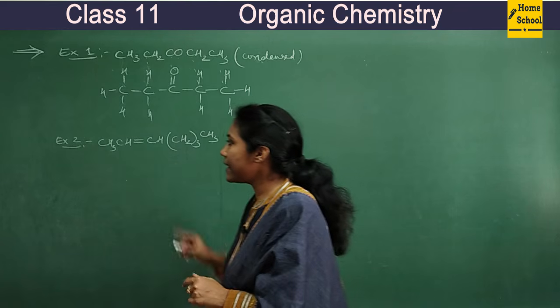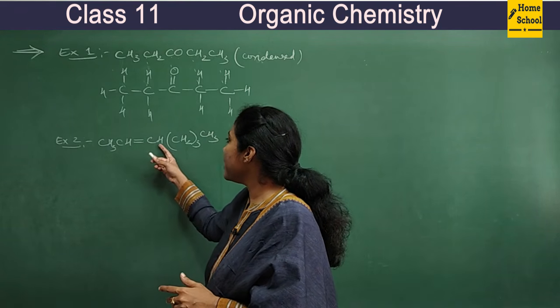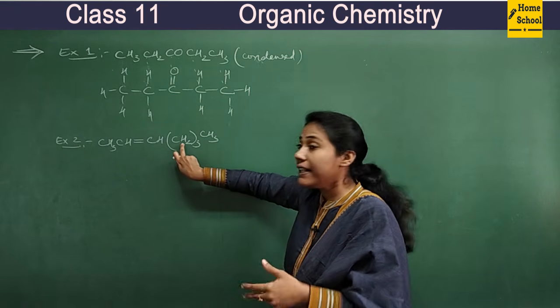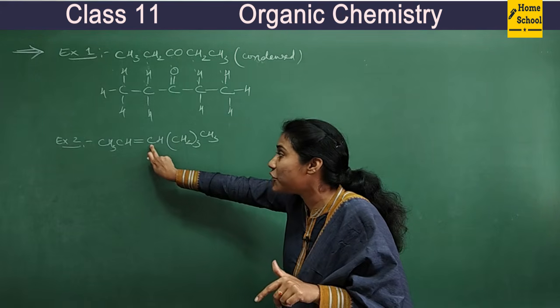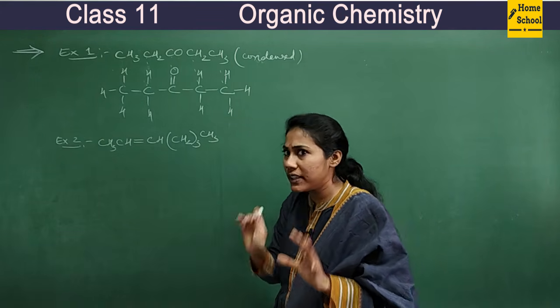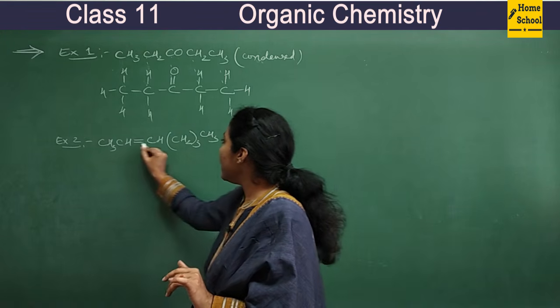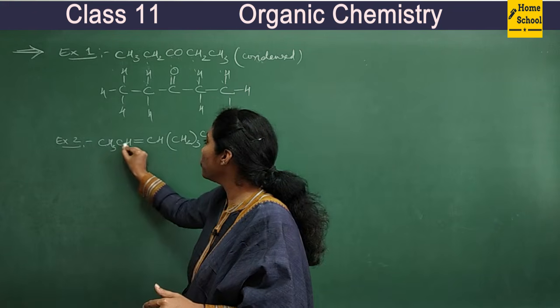And coming to the second example, guys. CH3, CH2, double bond, CH2 thrice. You see, it is not CH3. If CH3 were there, then it must have stayed as a branch to the left side carbon. But this is CH2. You need to think. And CH3. First, let me put the carbon atoms in a line. So 1, 2, 3.